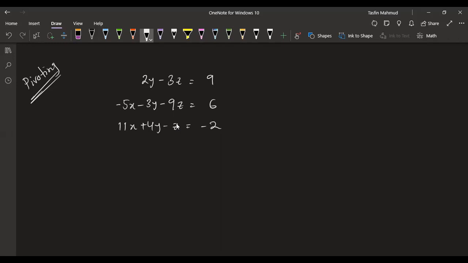I am giving you one more piece of information: let's assume this system is solvable. These three equations are linearly independent, so the system is solvable.